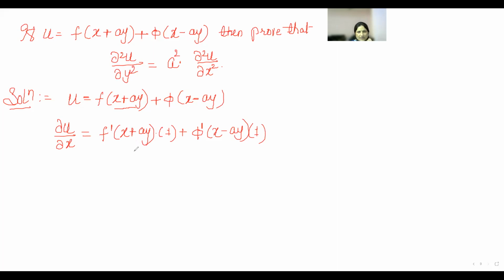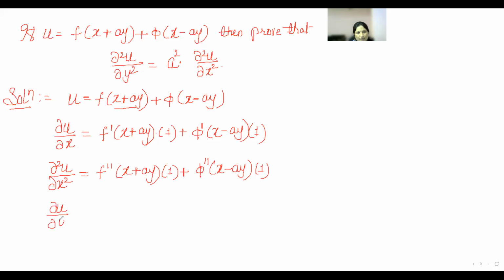Again differentiating this function with respect to x, so it is ∂²u/∂x² is equal to f double dash of x plus ay into 1 plus phi double dash of x minus ay into 1. Okay. Now, taking the derivative of that u with respect to y.